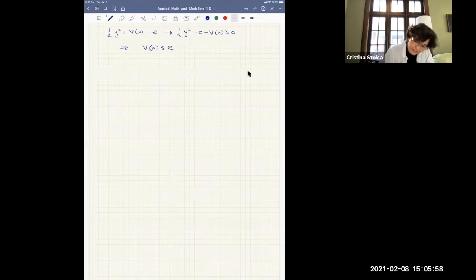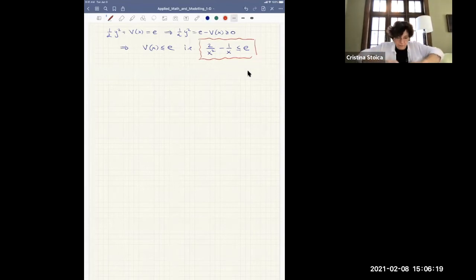So in this case, 2 over x squared minus 1 over x must be less than or equal to the level of energy that we're going to have. We're going to have a discussion as the level of energy goes from bottom to the top, or we can do it the other way around, it doesn't matter. All right, so first things first, we have to draw V of x.